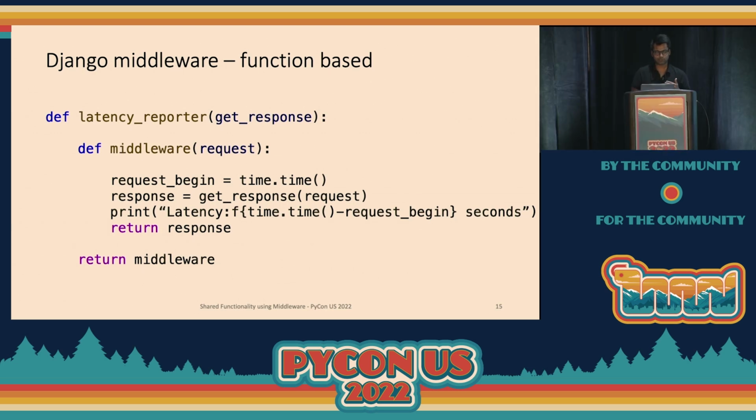Then we call the view function or the next middleware, which is getResponse. After we have got the response from that function, we can print the latency. In a more practical use case, you would push the latency to your monitoring system and then return the response from here.